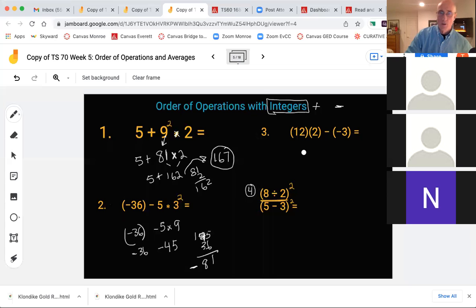All right, I do want to show you number 3 over here. I'll give you a couple seconds to copy. It's 12. And remember, what's in parentheses right next to another number just means times. It's the same thing as saying 12 times 2. And I want you to copy down, it's a minus, and then you see how it's a -3 here, okay? You may recall from last week that there's a rule when you have a double minus like that, it becomes plus.